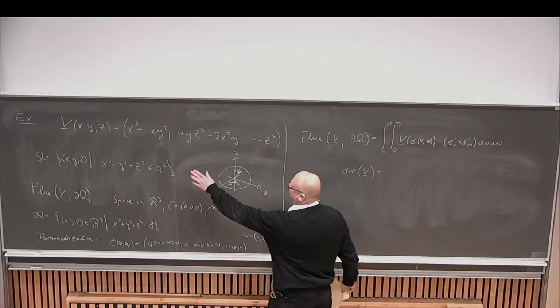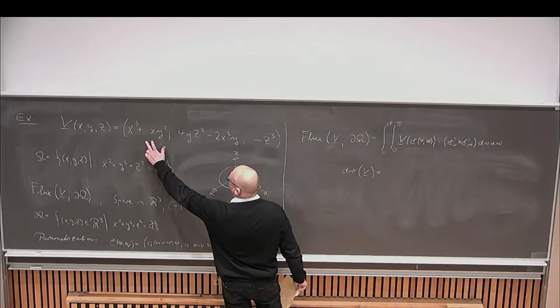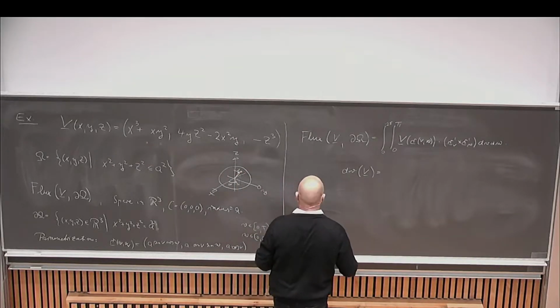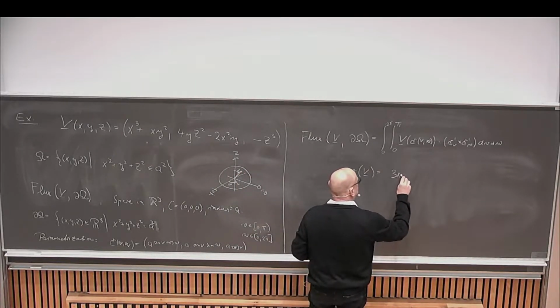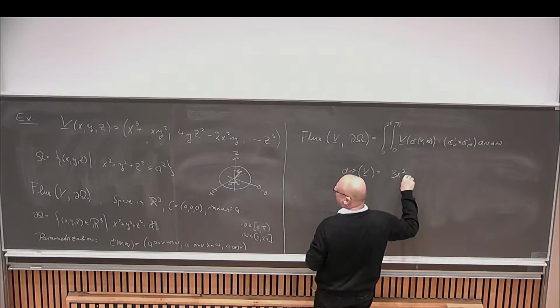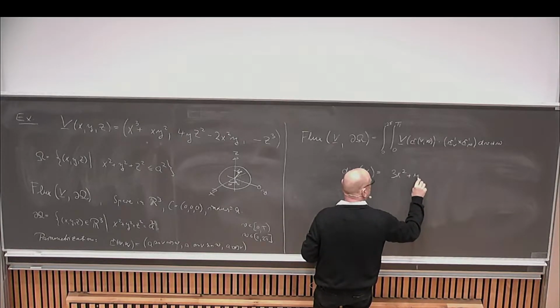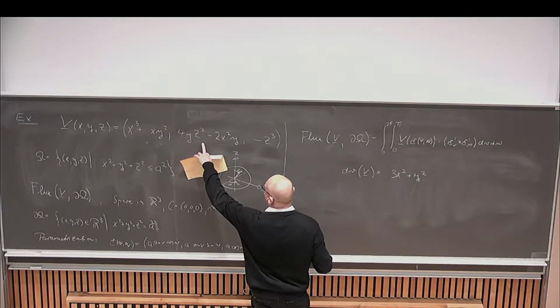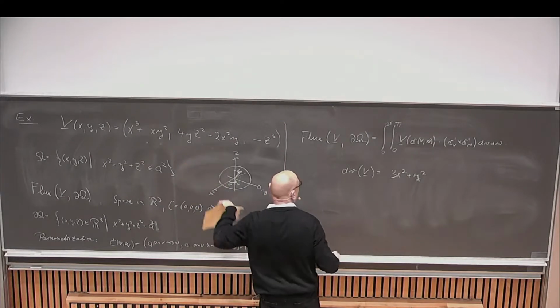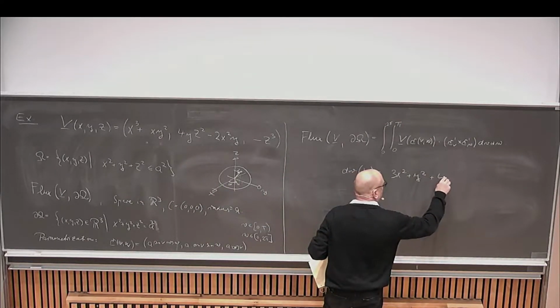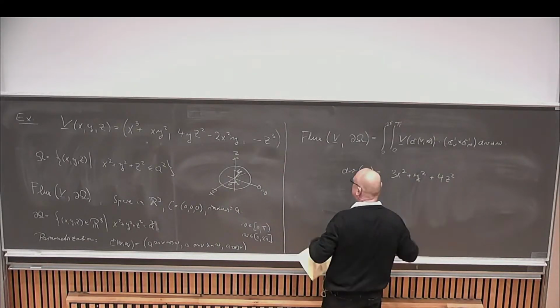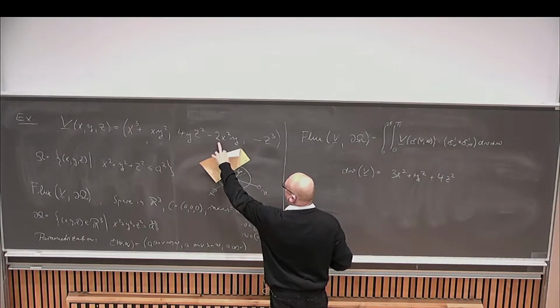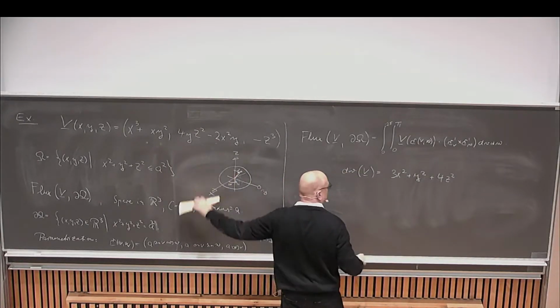So you should differentiate this with respect to x. You get 3x squared plus y squared. And then you should differentiate this with respect to y. You get 4z squared, and then minus 2x squared.